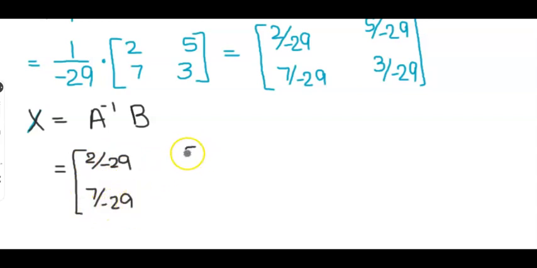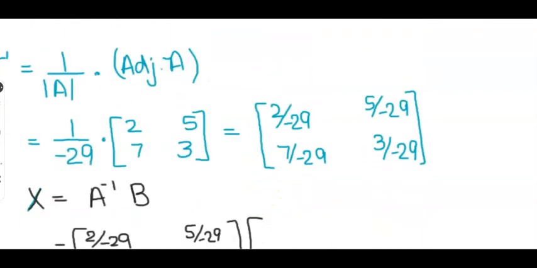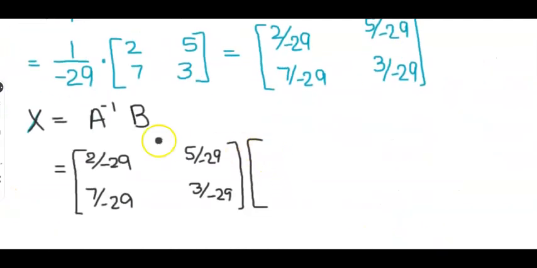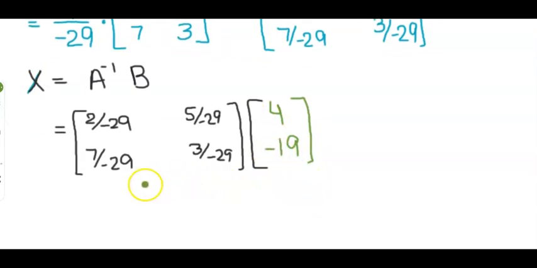You can convert to decimal if you want. And what's the value of my B? B is given. B is 4, minus 19. Once I got this, I need to multiply.